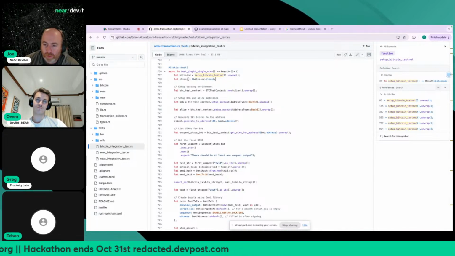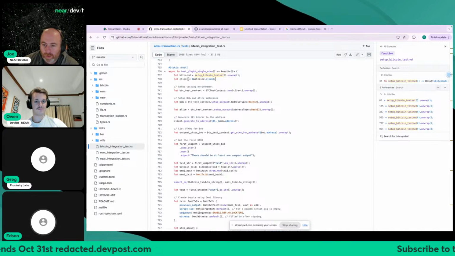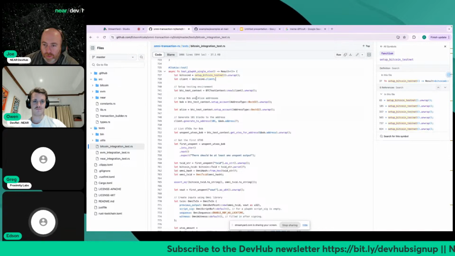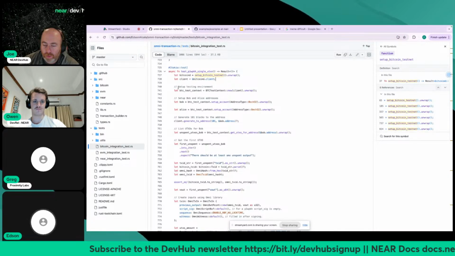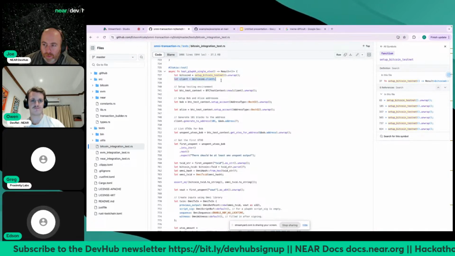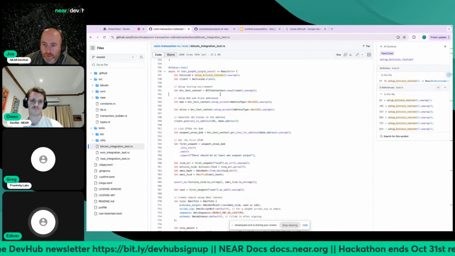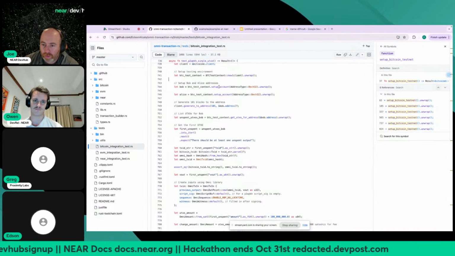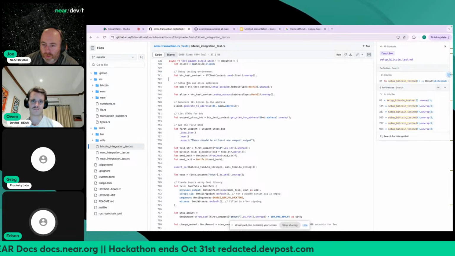However, you can install the Bitcoin core node on your computer, and this utility will recognize that it's installed, and then it's just going to run it in regtest mode. And then we just create an instance of that particular client, and we can do things like set up an account for Bob and another for Alice.